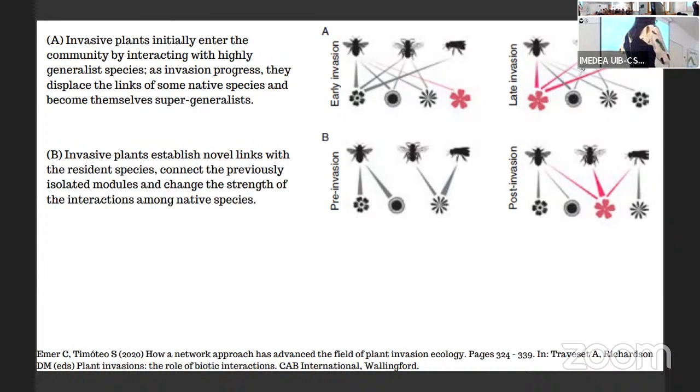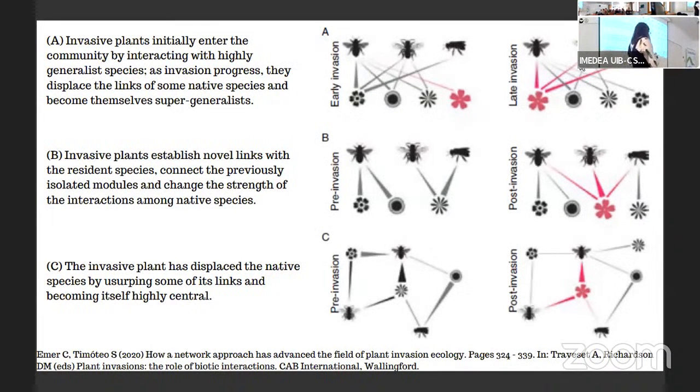When the invasive plants arrive, in the post-invasion situation, they establish novel links with the resident species, connect previously isolated modules, and change the strength of the interactions among native species. You can see, for example, that these species and these species were interacting a lot, and now that this one is present, they don't interact so much.